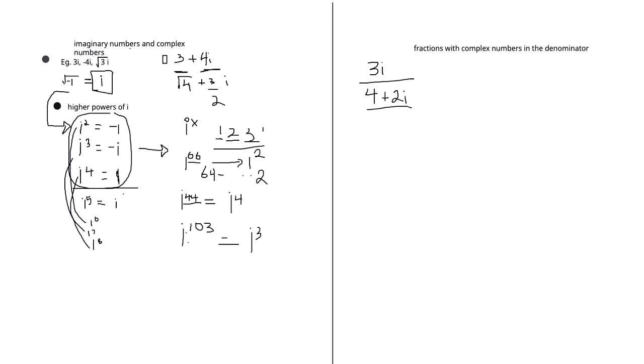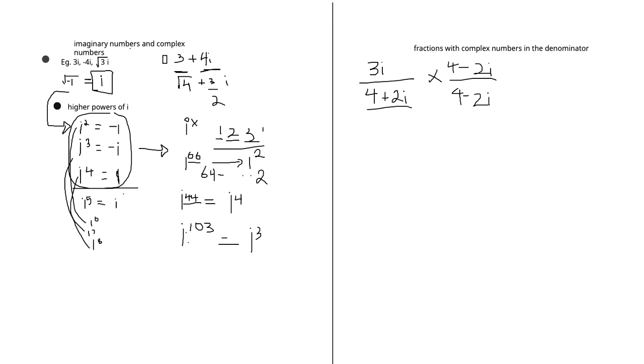You multiply by 1, but in this case, it will be 4 minus 2i, that's the conjugate here, all over another 4 minus 2i, okay?